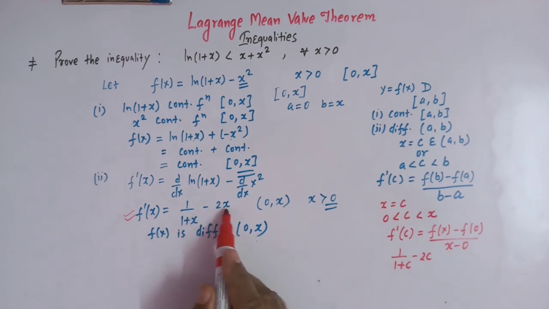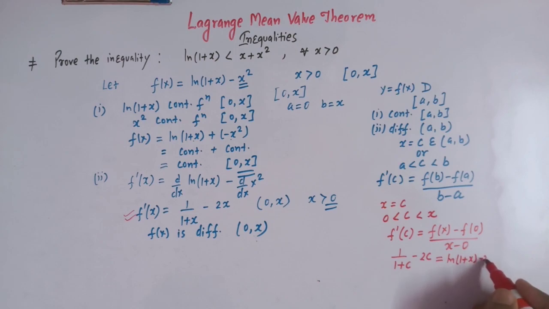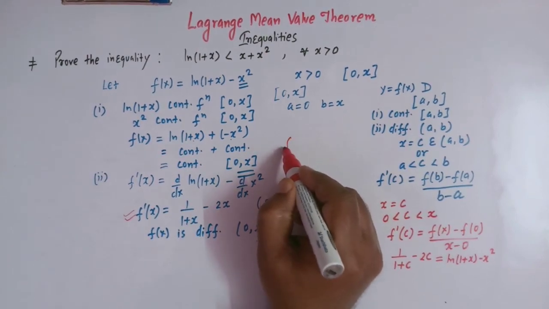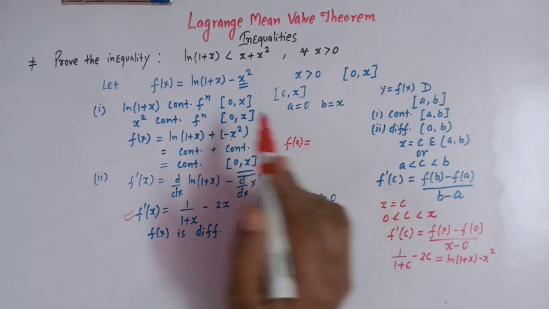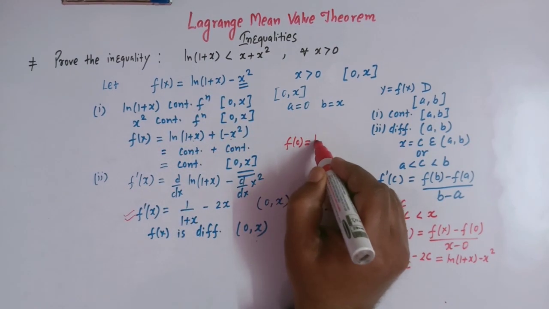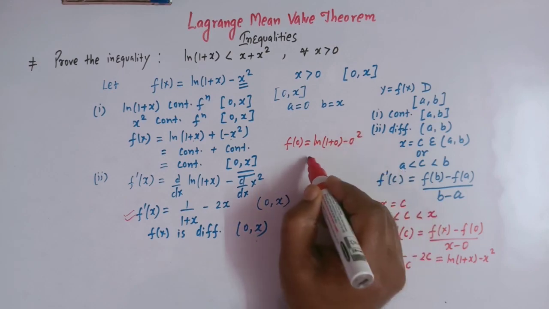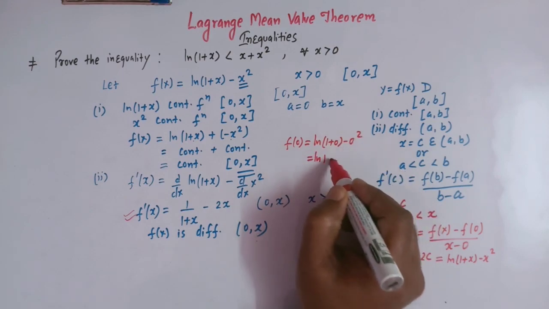Here we have 2x. So now here we have f of x. f of x is log of 1 plus x minus x square, and f of 0 can be obtained by taking x equal to 0 in this function. So f of 0 is log of 1 plus 0 minus 0 square. So we have log of 1 minus 0.